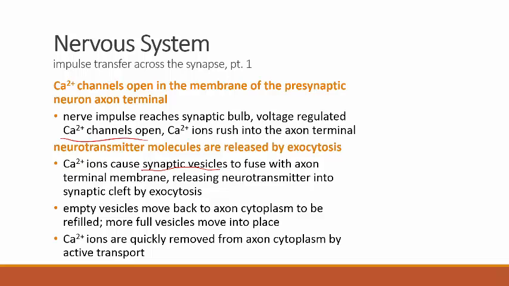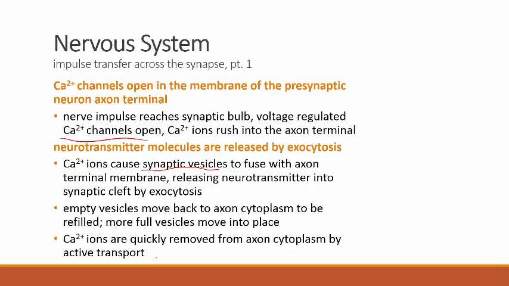Now those empty vesicles move back to the cytoplasm of the axon, and then they'll be refilled there, and other full vesicles will move into their place, and the calcium ions are going to be quickly moved from the cytoplasm by active transport.